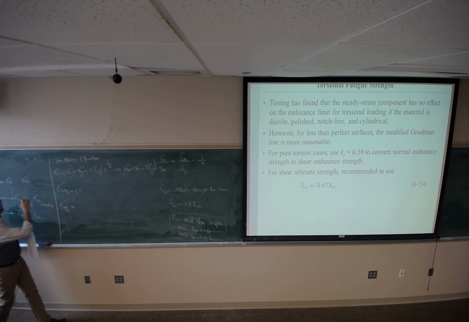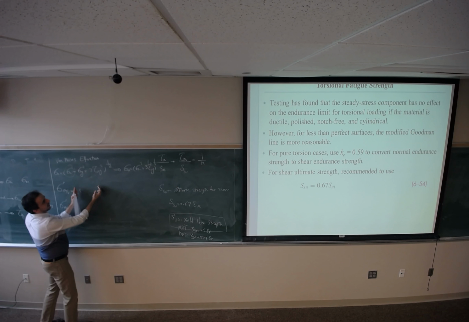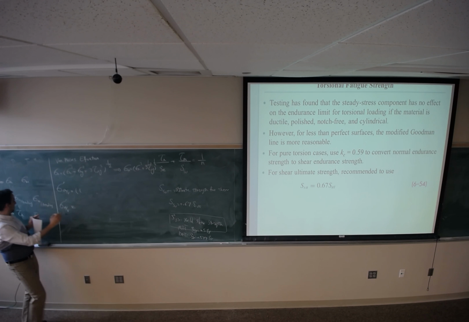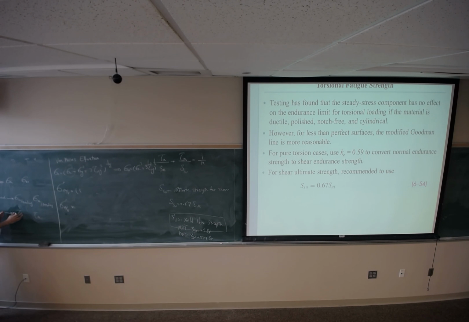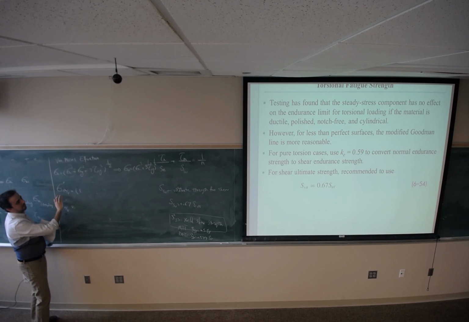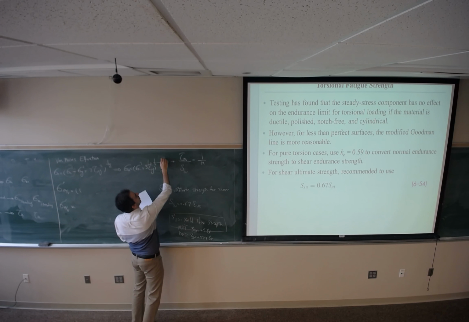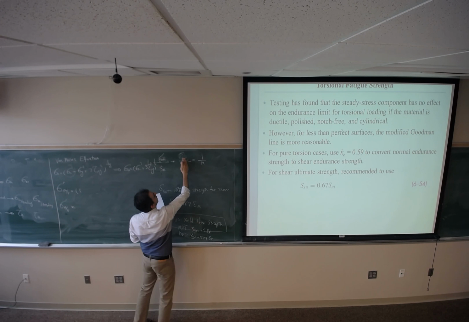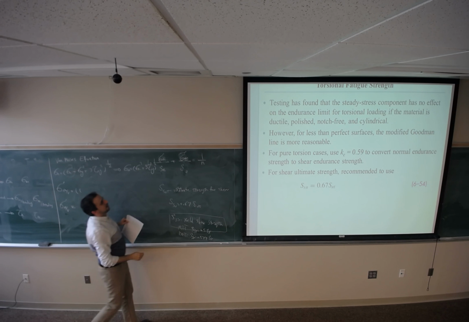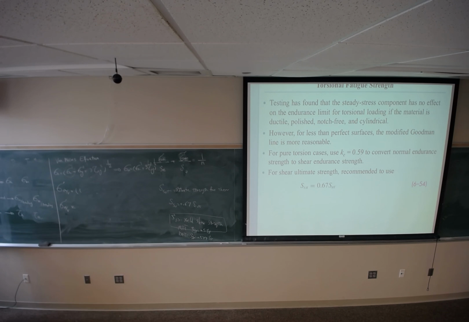I'm gonna add this plus this, then I'm gonna square them plus 3 times this square and get one value for sigma prime A. So I'm gonna use here and there and do the analysis. So this is the idea.